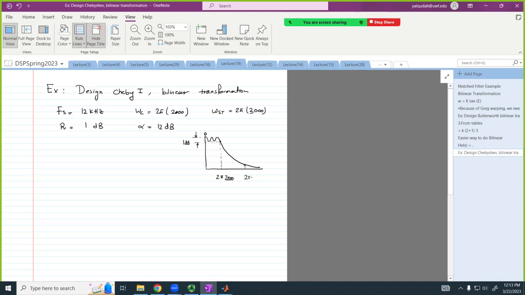And at 2 pi multiplied by 3000, this is 12 dB. What is the first step? Pre-warp. Since we already pre-warped them and they're the same as before, you're going to get omega c hat equal to 13,856 and omega stop hat equal to 24,000.